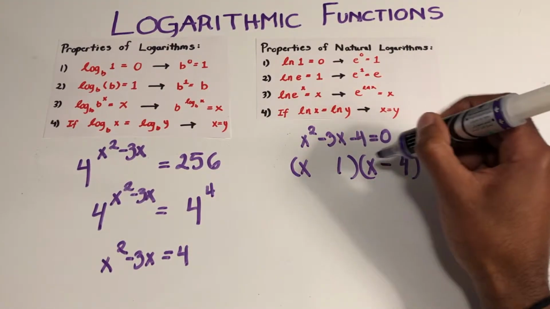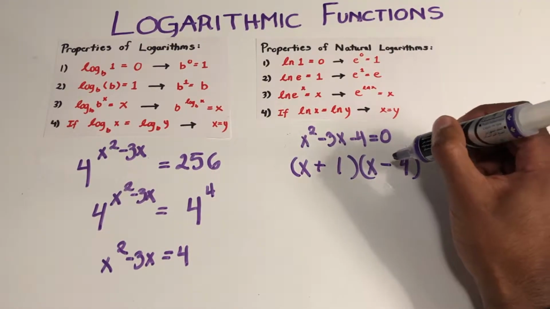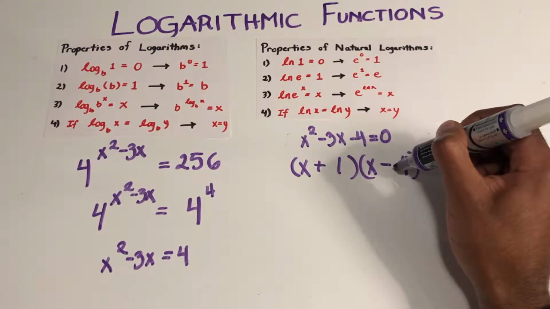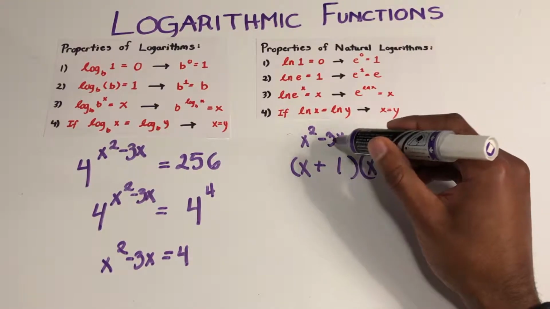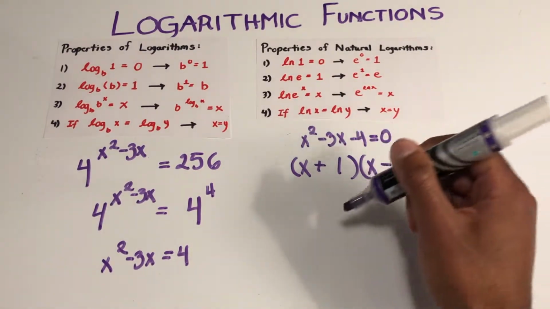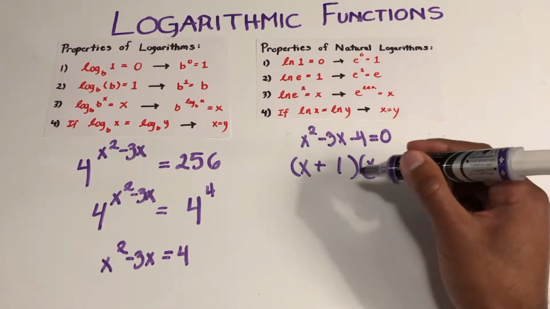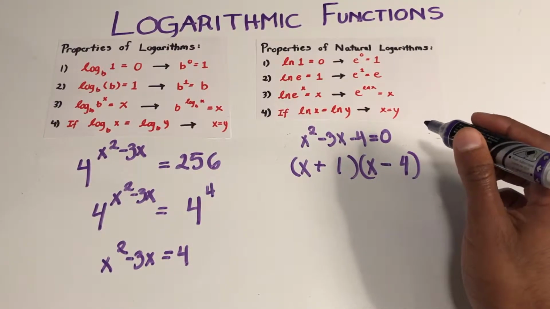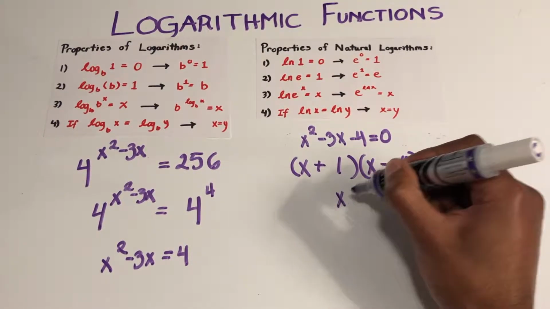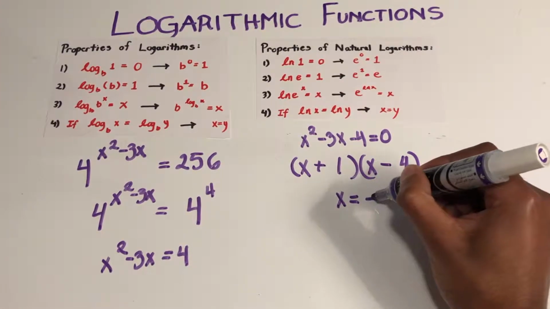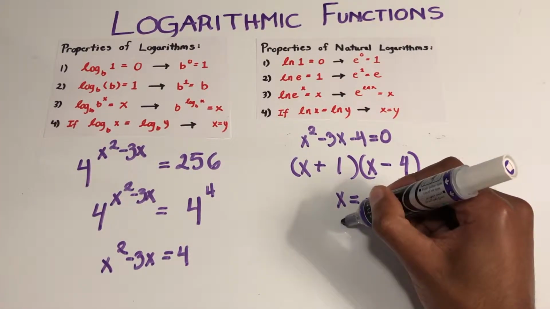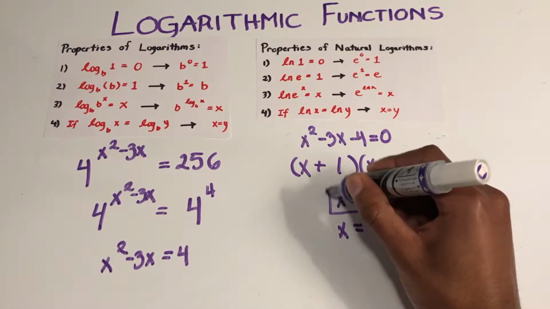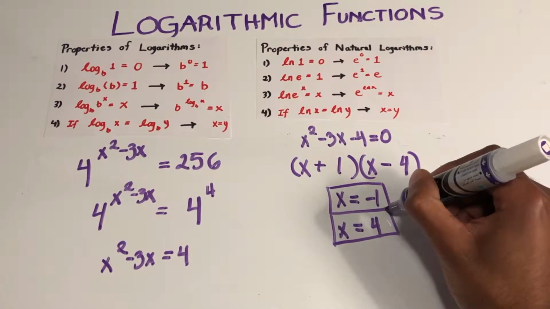So I can think of negative 4 and positive 1, because negative 4 times positive 1 is negative 4, and negative 4 plus 1 is negative 3. You can confirm this using the FOIL method, but I won't do that. Our answer eventually is x equals negative 1 and x equals positive 4. Those are our two answers.